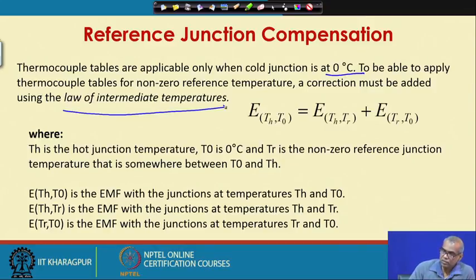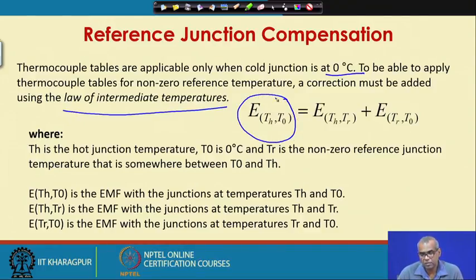So, what I want is the EMF when the thermocouple is kept at temperature TH and temperature 0 degree Celsius. So, TH is the measuring junction temperature, and T0 is the 0 degree Celsius.